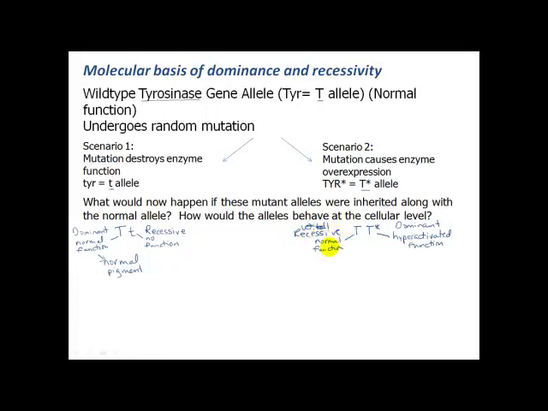Okay, right? So in general, when we have a gene mutation that changes the function of the gene, so we get a new allele produced by random mutation, and that allele results in a loss of function, when that's combined with a normally functioning allele, that's going to be recessive to that normally functioning allele.